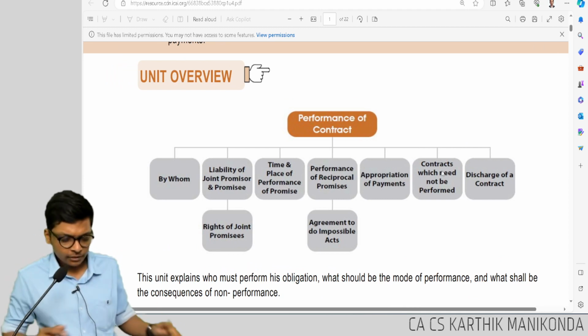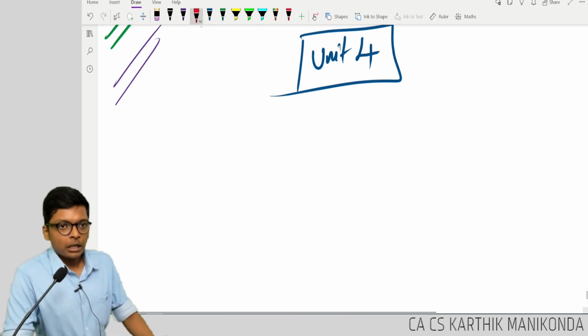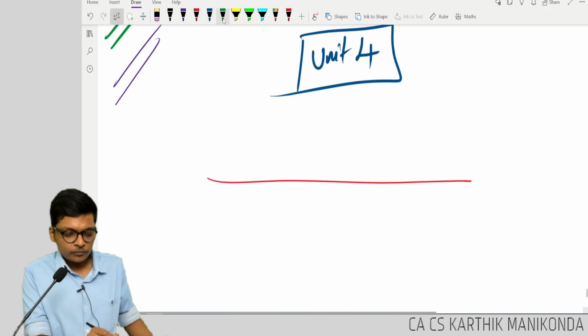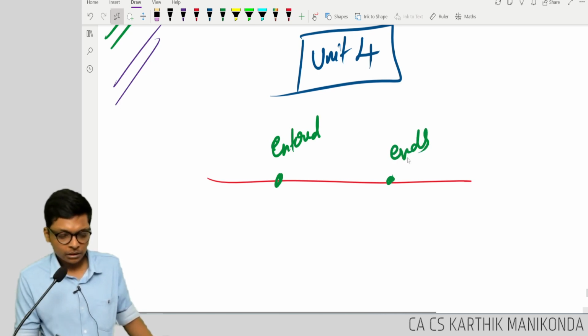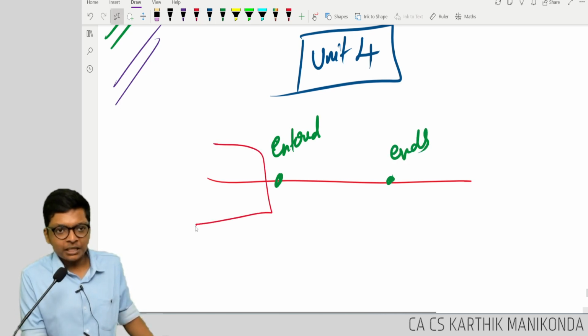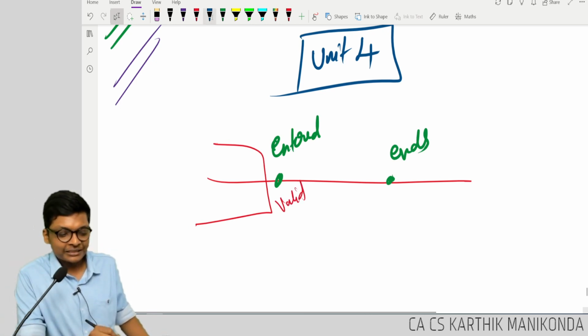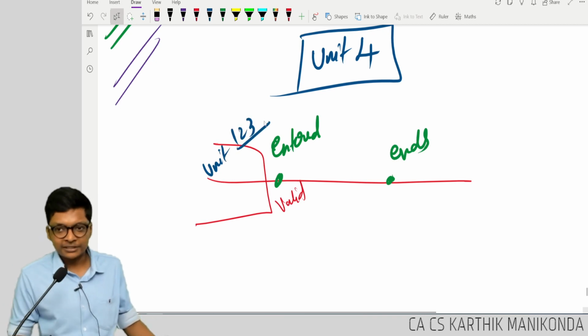Okay, fine. First concept, look at this, guys. When a contract is entered, and when it ends: how a contract is entered and how a contract is valid is units 1, 2, 3 of your syllabus.